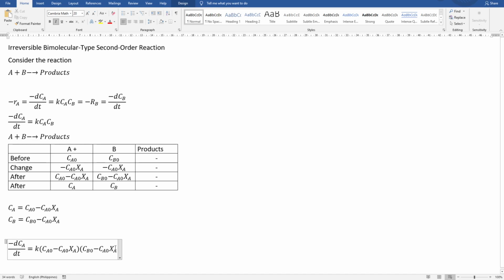Right? But now again we are still at three variables: CA, t, and XA.